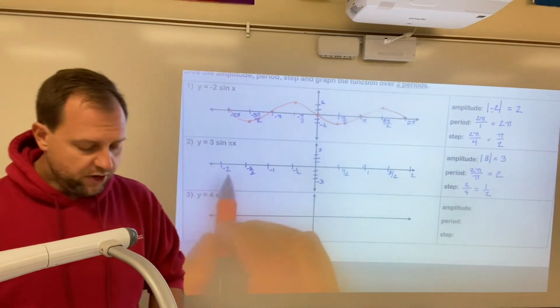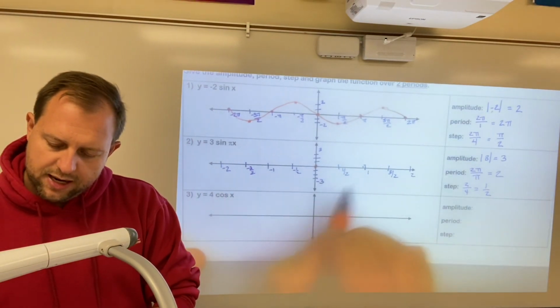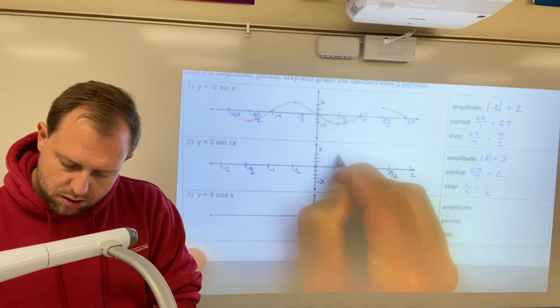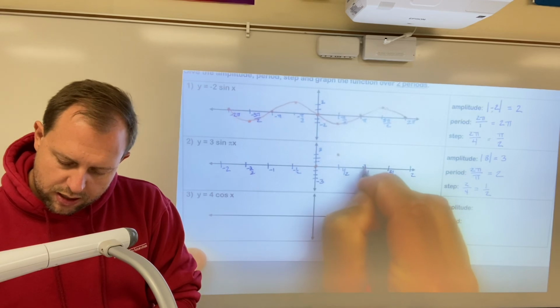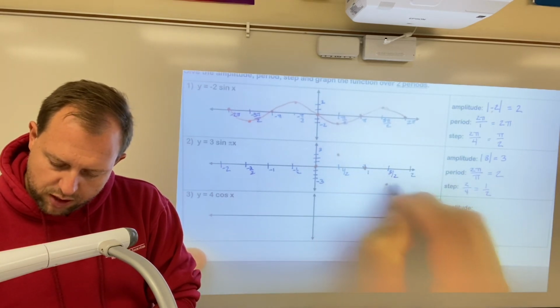This is a sine function again, so we're starting in the middle, but in this case, +3 meant we go up to 3, back to the middle, down to -3, and back.